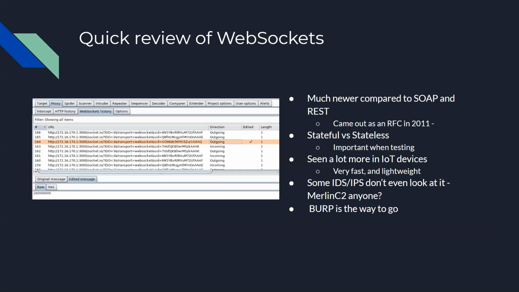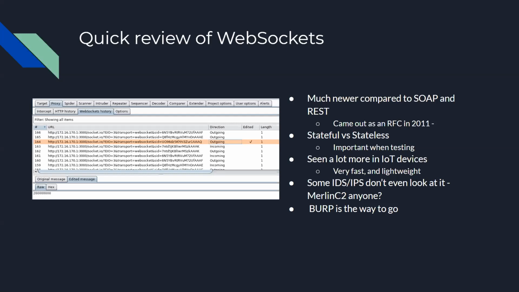And finally, the last one. When people think web services, they always think SOAP and they always think REST, and they completely forget about WebSockets. I was on that boat for quite a while, because I'm like, WebSockets, it's not being used as much. And this was, granted, a couple of years back.